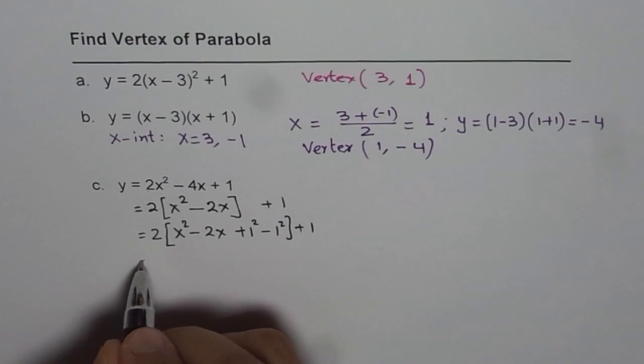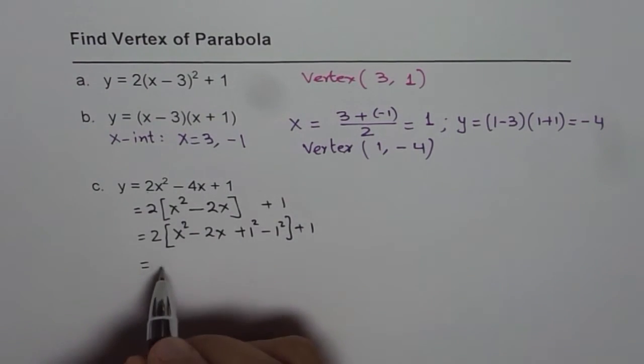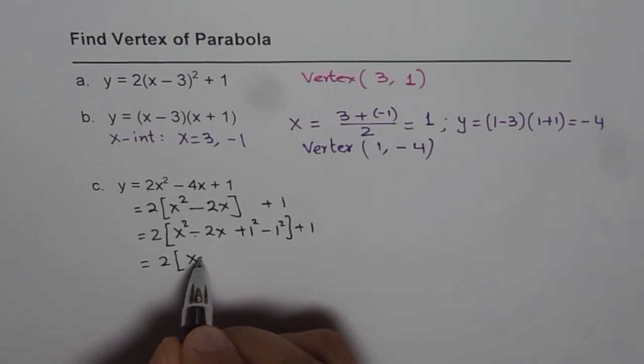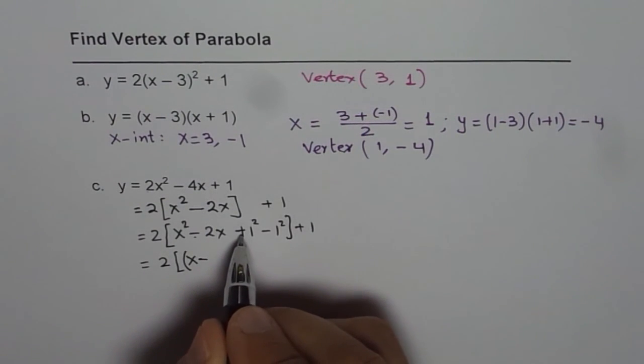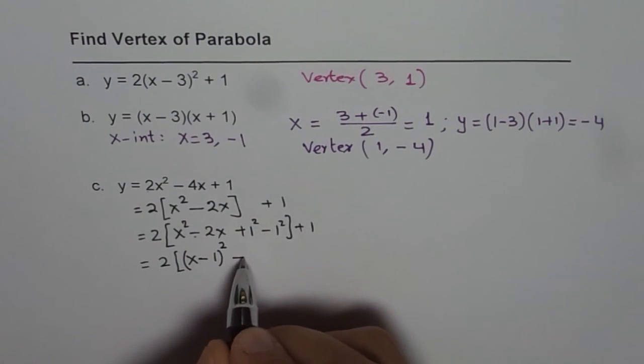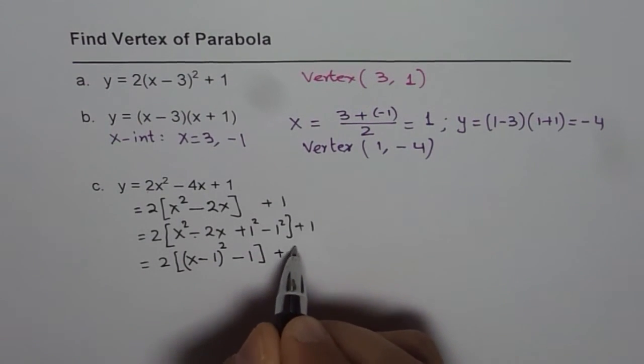Now the first three terms make a perfect square. That is (x minus 1) squared, the sign coming from here, which is negative, minus 1 squared is minus 1.